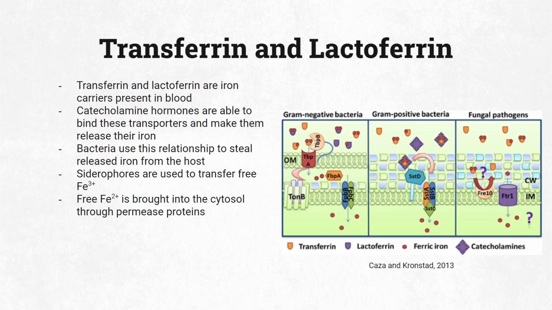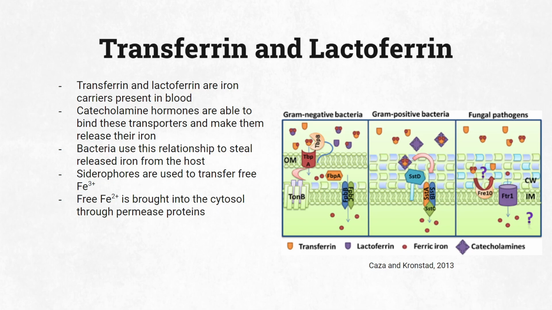Bacteria that are present in the blood use this relationship to steal some of that free iron that is released from these carriers from the host. So, when a catecholamine binds to transferrin in times of stress and it releases that iron to be used by other cells within the body, bacteria can send out their own mechanisms, such as siderophores, to grab that iron before it is used by the body and use it for itself.